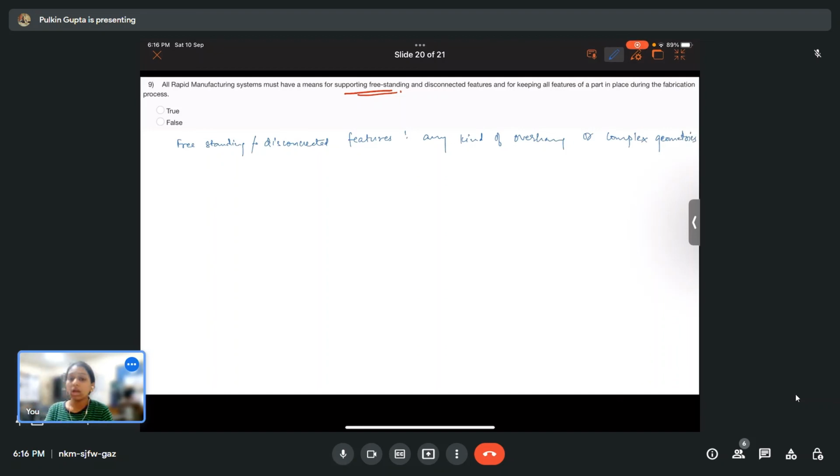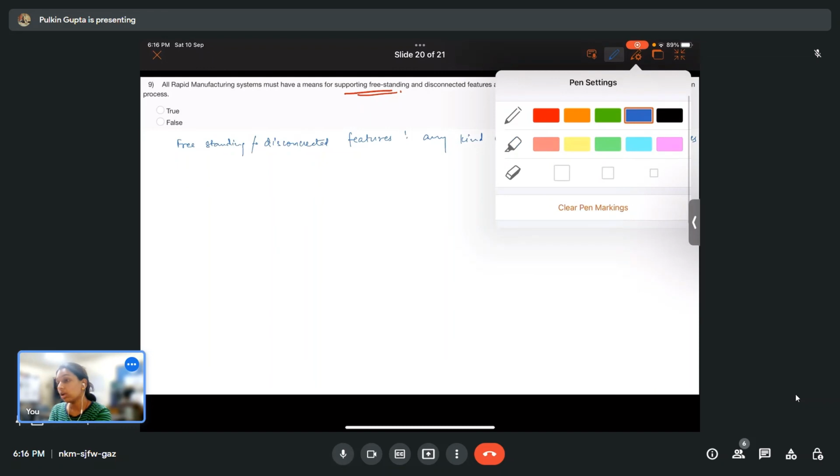Obviously, all rapid manufacturing systems should handle these carefully, and there should be features present in them so that they can cater to the requirements of such geometries. So the answer should be true.